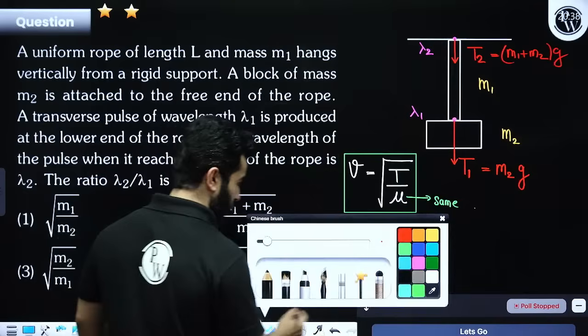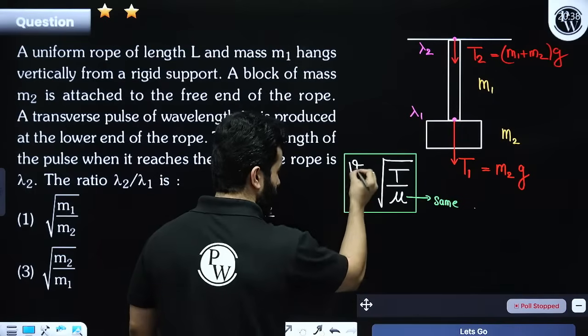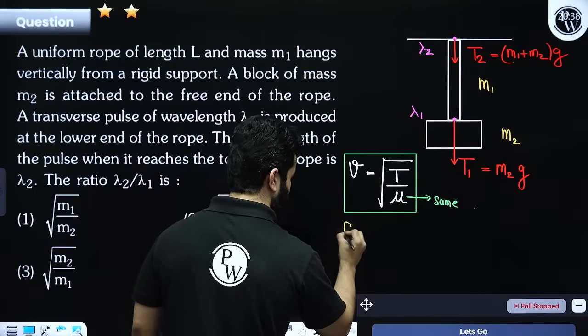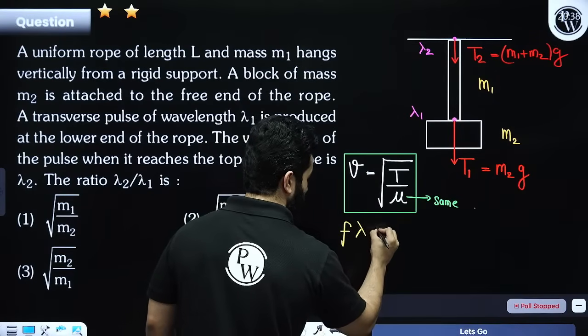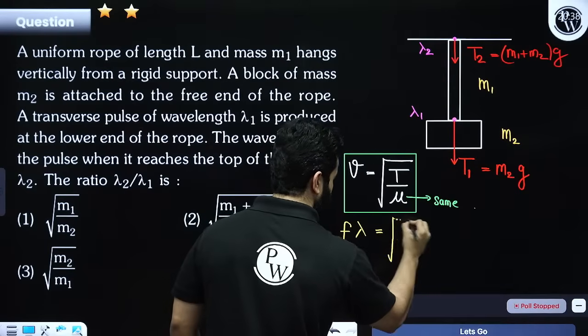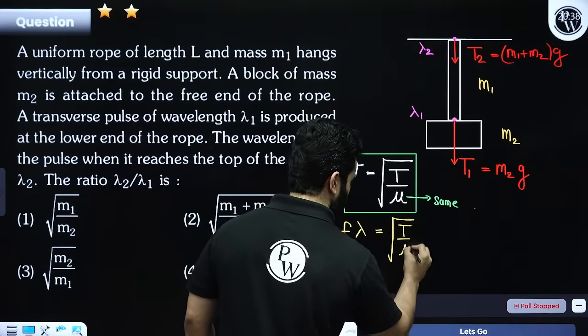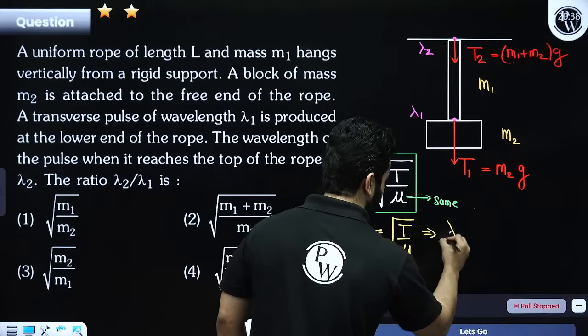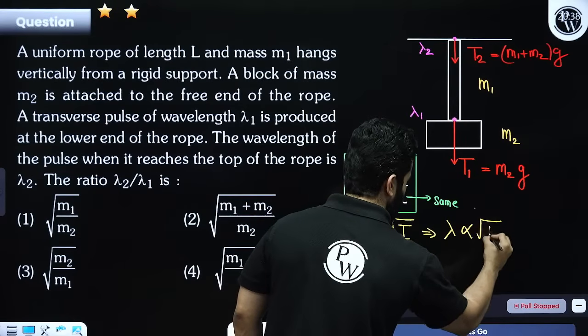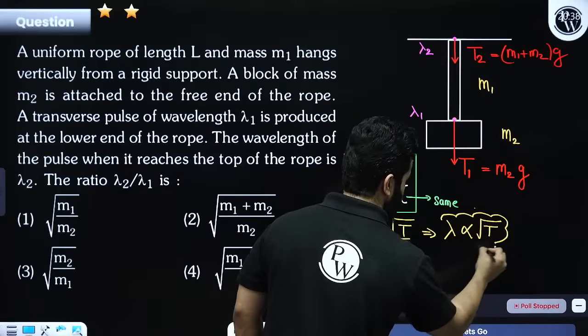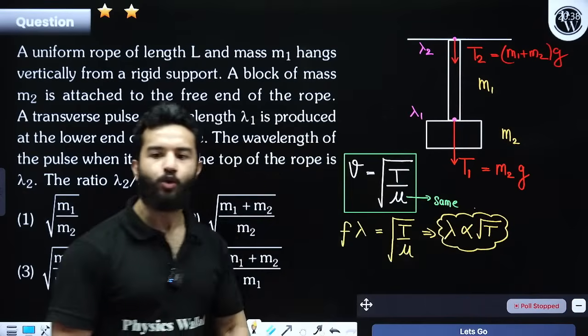Done. Acha, velocity can be written as f lambda, frequency into wavelength, equals under root T by mu. From this, we can say that lambda depends directly on tension. From now on, you can remember this.